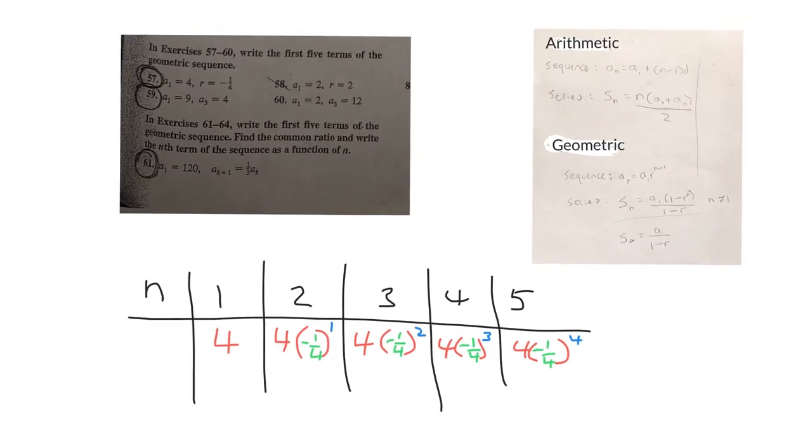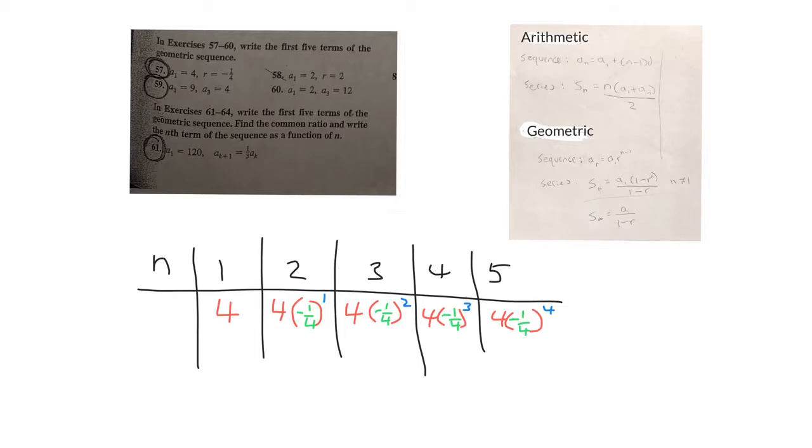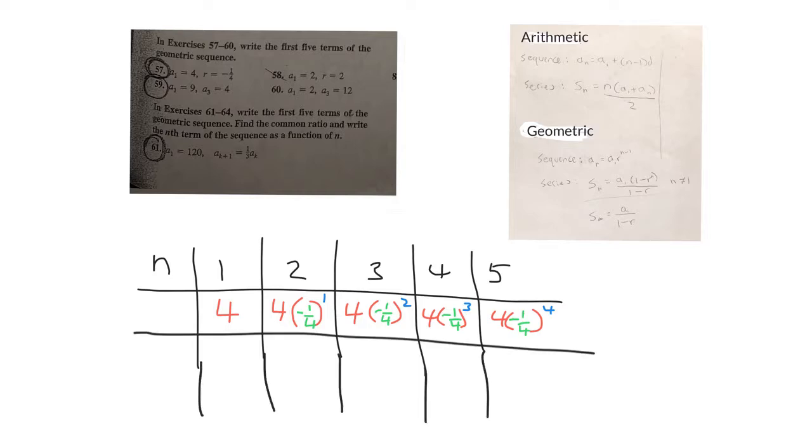So let's continue. On the next line, you could always extend these down a little bit, right? Extend them down. Now, on the next line, we could even draw underneath. We're going to calculate these further. Now, 4 is just 4, right? Now, what's this one? Negative 1/4 to the first power times 4. Well, for those of you at home, hopefully you would realize that would be negative 1.